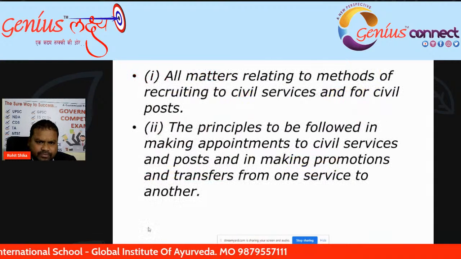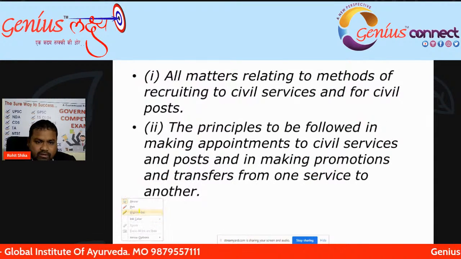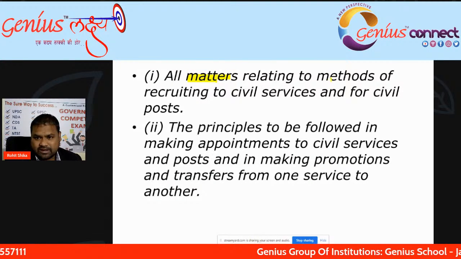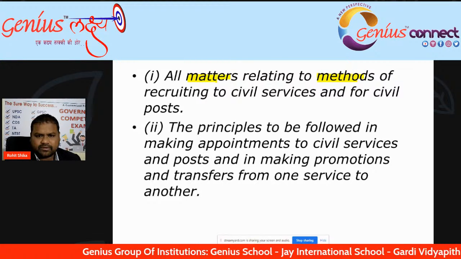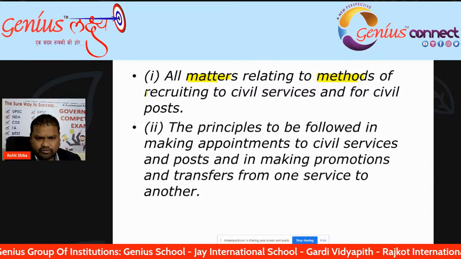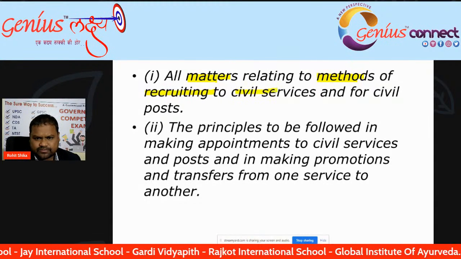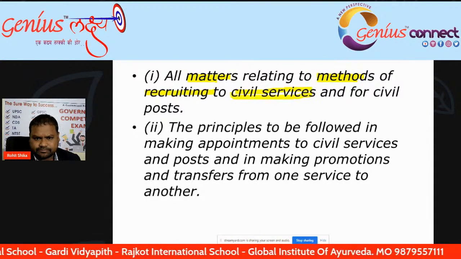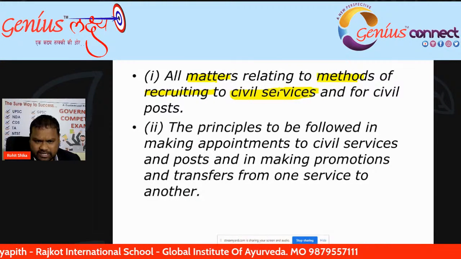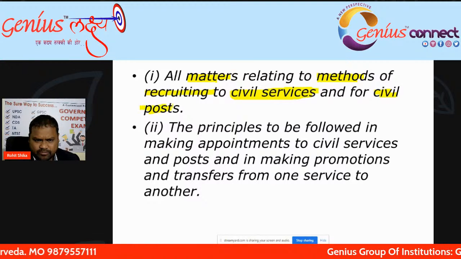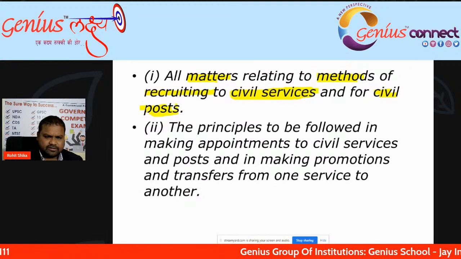Let's see. All matters relating to methods of examination for the recruitment to civil services and for civil posts are the responsibility of the State Public Service Commission.